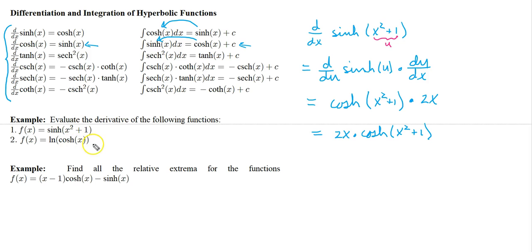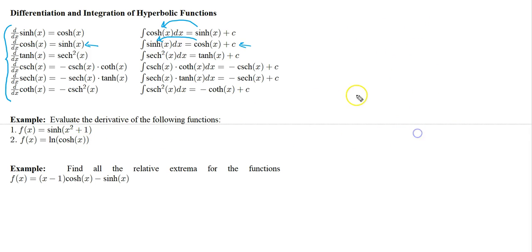Let's take a look at the second one here. So we want to differentiate this function. Well, we remember that the derivative of the ln of x is 1 over x. But in this case, you see what's inside the parentheses here doesn't match with what we're differentiating with respect to.